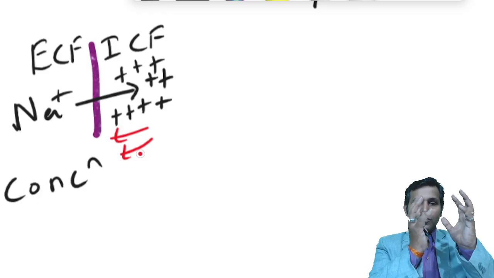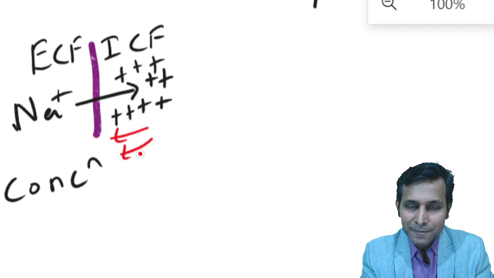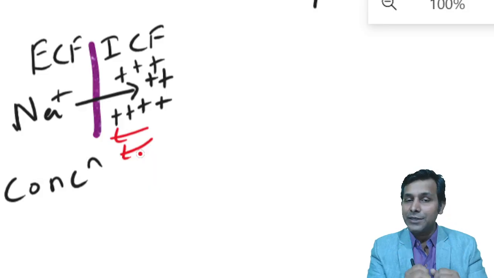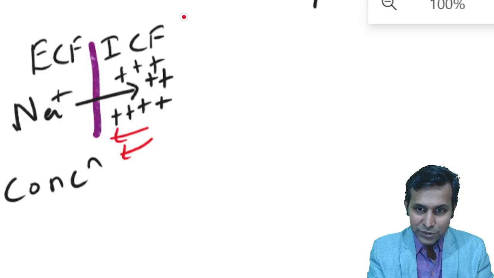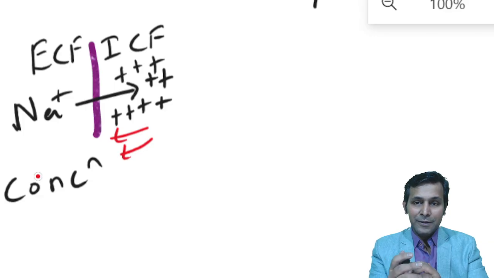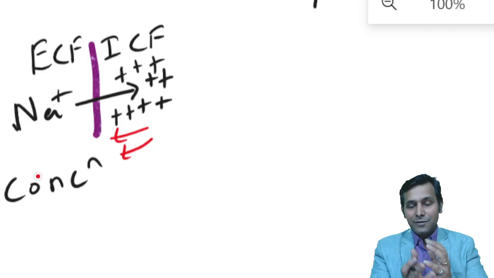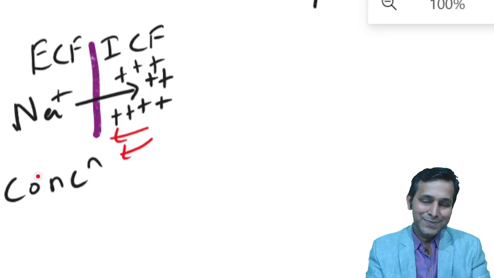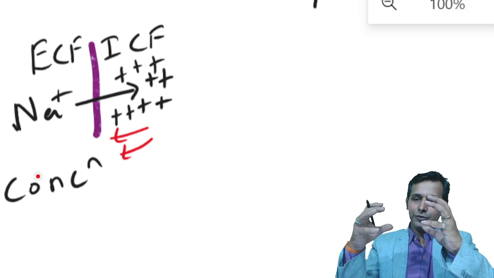After some time, there will be so much positive voltage on one side of the membrane that even though the concentration has not been disturbed, concentration wise sodium wants to come inside from outside to inside. But the voltage inside the membrane is so positive that it is not allowing the sodium ion to move inside.